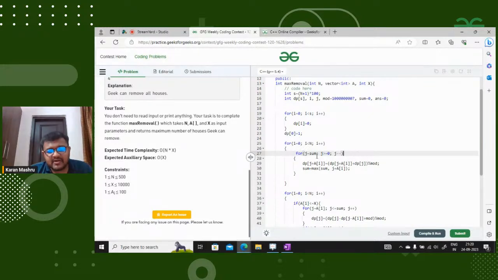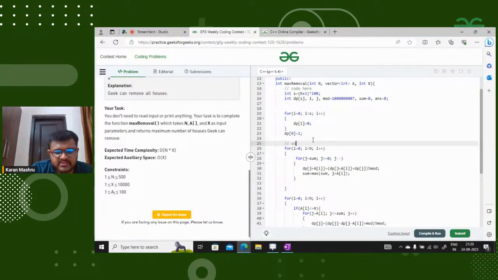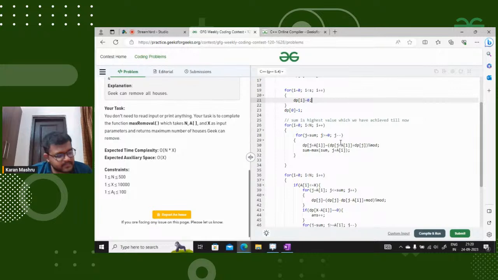And sum is the highest limit of sum which we have achieved till now, so that we do not have to loop again over the whole sum range. Initially sum was initialized to 0 because the empty subset has sum 0.